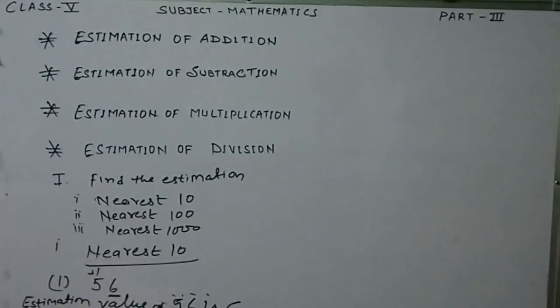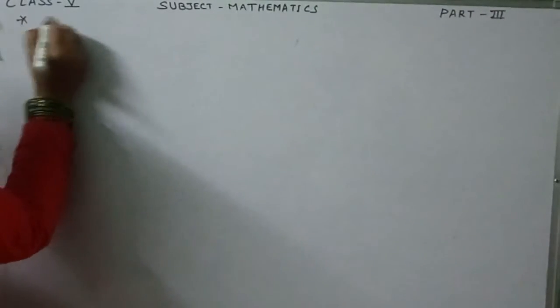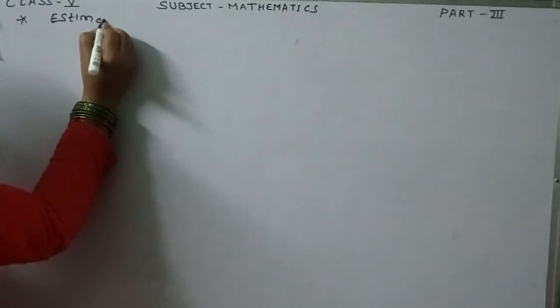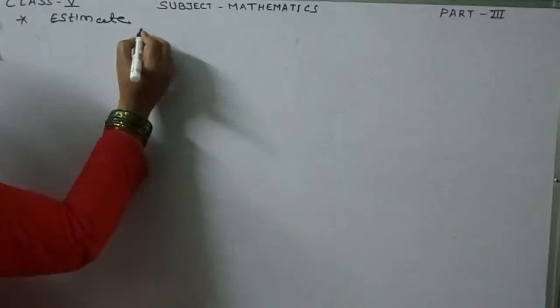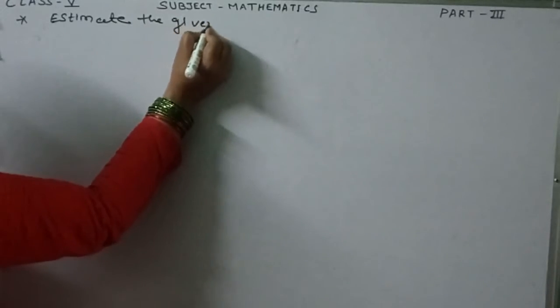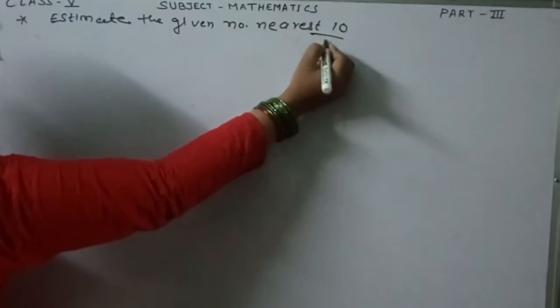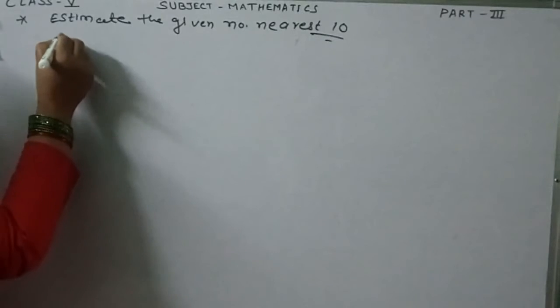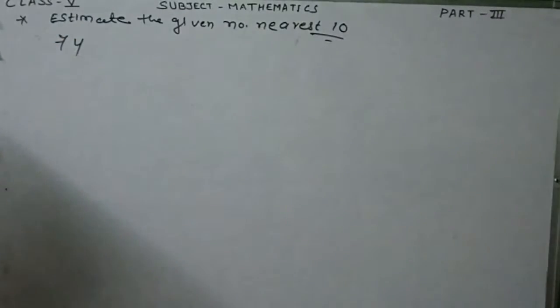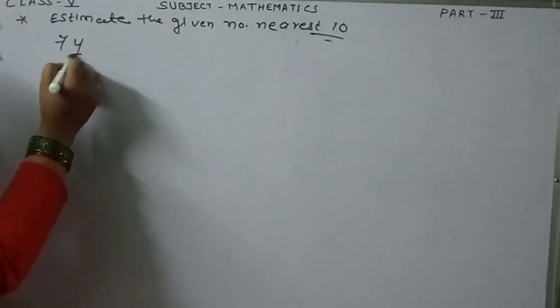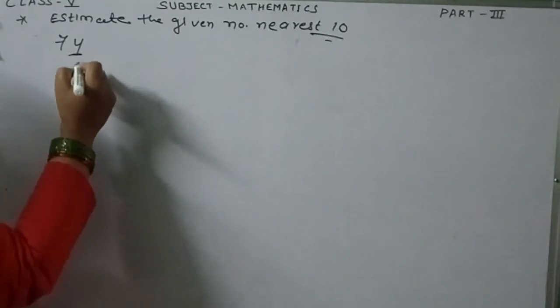Okay, one more example. Suppose the question is: estimate the given number to the nearest 10, and the number is 74. As I told you, when you estimate to the nearest 10, you have to see the ones value and compare it with 5.